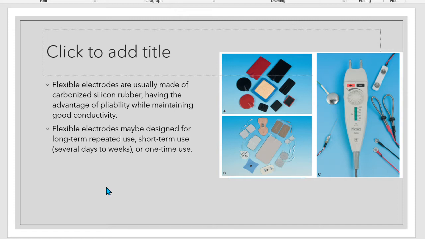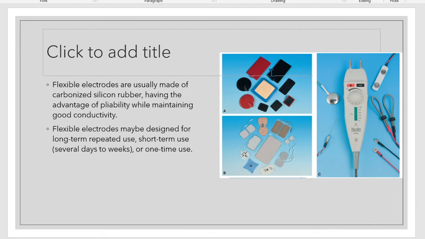We also have flexible electrodes. Flexible electrodes are usually made of carbonized silicone rubber, having the advantage of pliability while maintaining good conductivity. Flexible electrodes may be designed for long-term repeated use, short-term use of several days to weeks, or one-time use. These are examples of flexible electrodes.